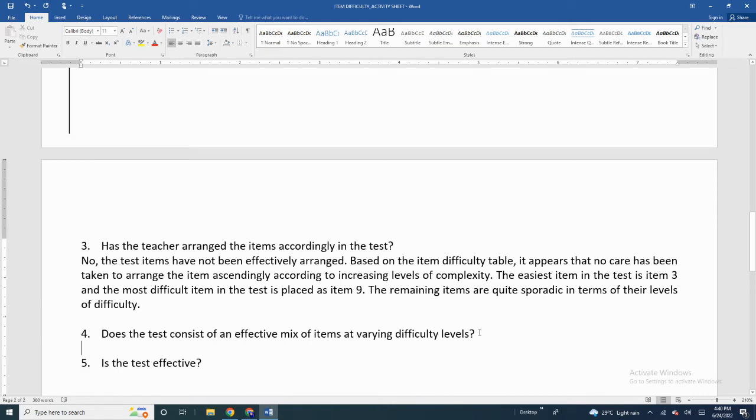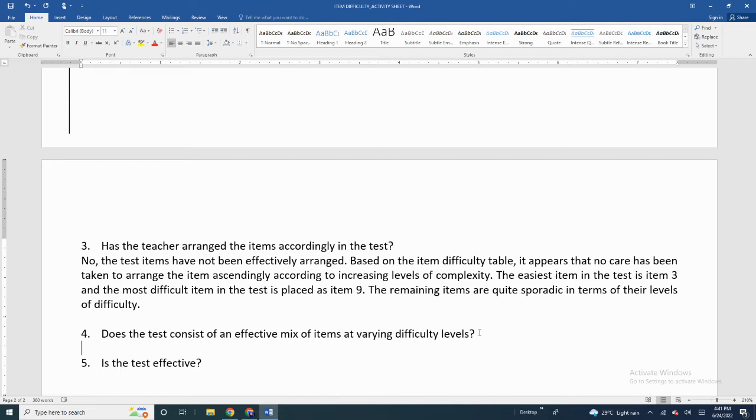Does the task consist of an effective mix of items at varying difficulty levels? Let's look at this first and establish what kind of mix we can consider as effective. This is referring to the proportions of items in the task that represent easy items, difficult items, and moderate level of item difficulty.